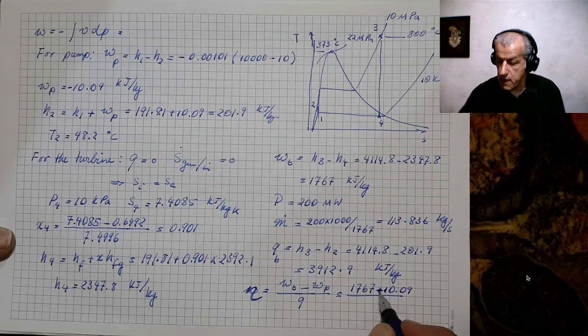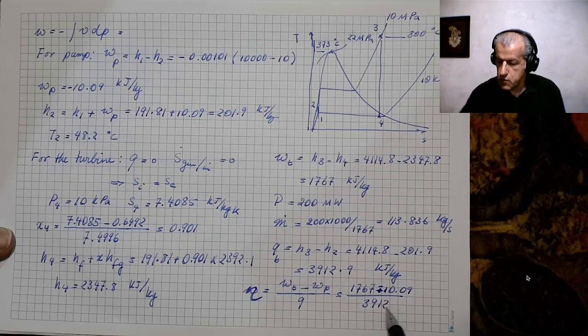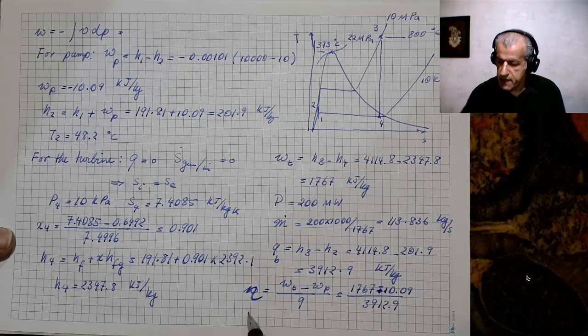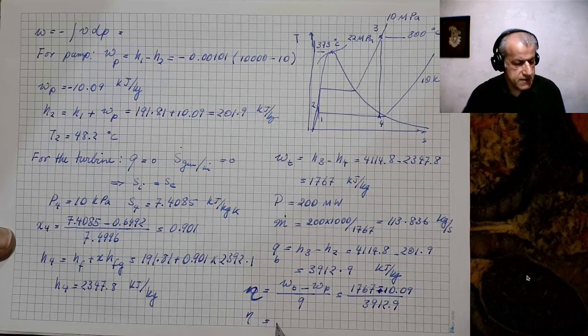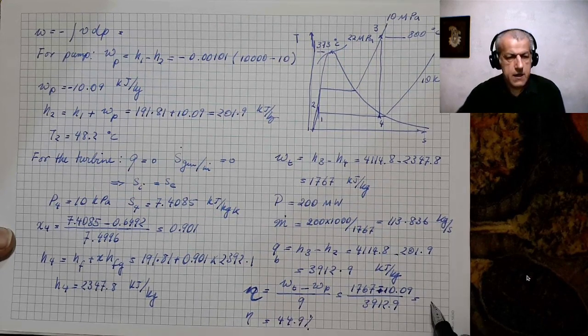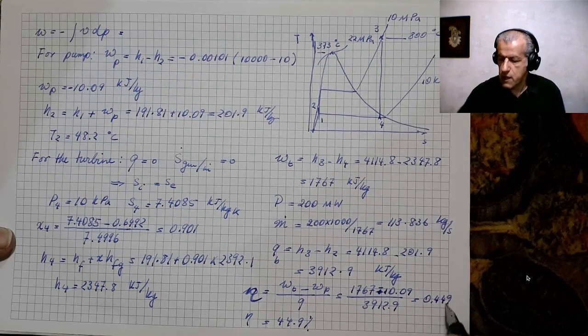Sorry, this should be a minus because this work is deducted, divided by 3912.9 kilojoule per kilogram. And the efficiency of this cycle is 44.9%. This ratio is 0.449.